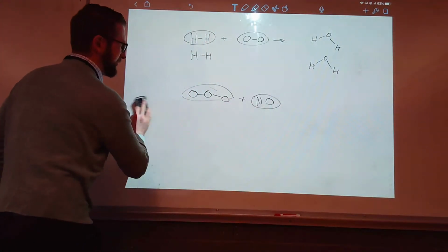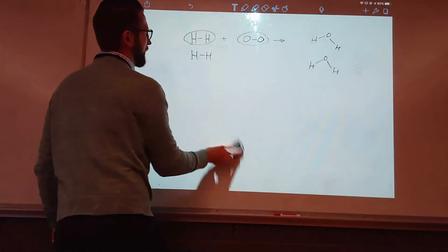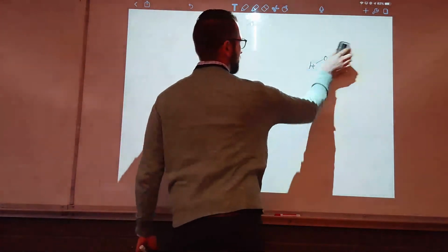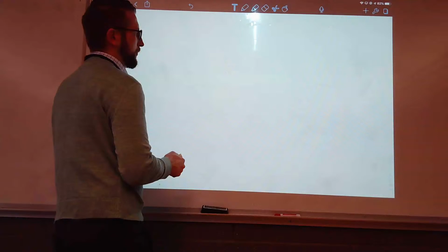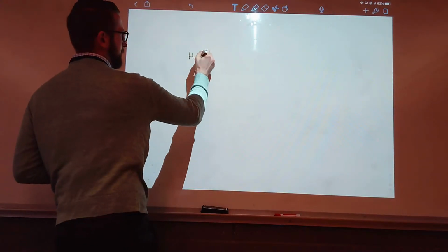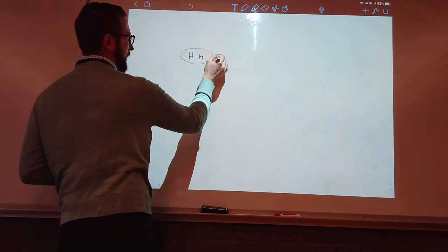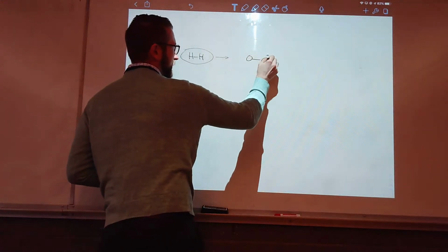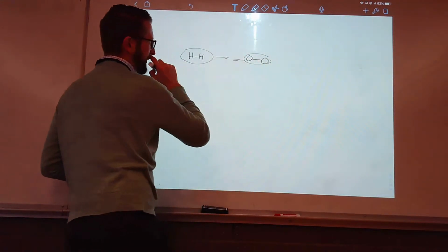So that's orientation. Now the other concept to overcome is chemical bonds. The actual force between the molecules has to be overcome. So when you introduce this, this hydrogen is flying towards this oxygen, and this oxygen is flying towards this hydrogen.